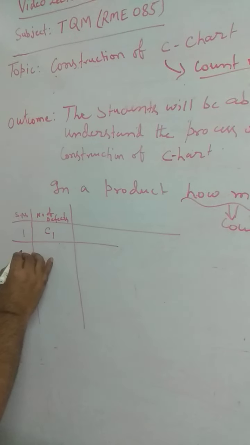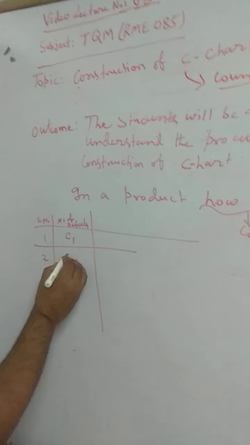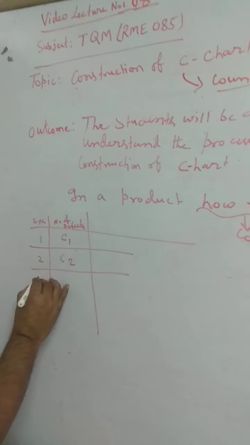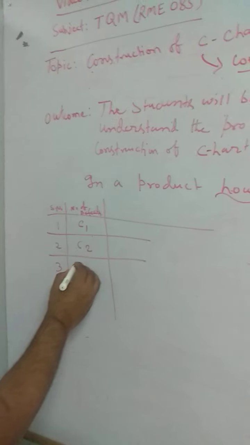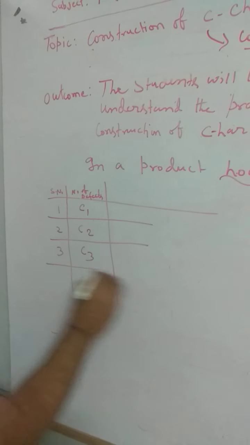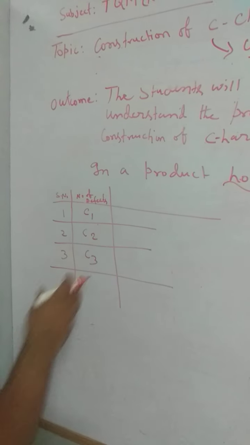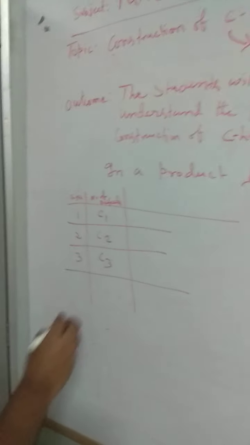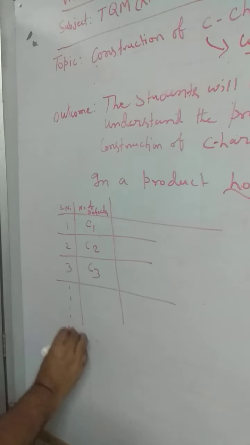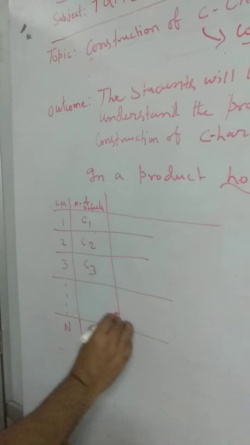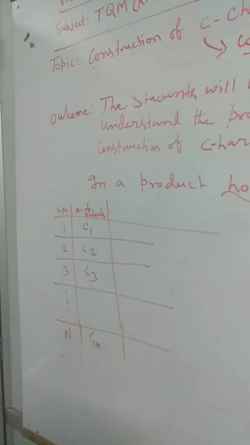For product number 2, which we have sampled, we have C2 defects, and similarly for sample 3, the third product, we have counted and found C3 defects. It has C3 number of defects. Similarly, for the nth product, the number of defects is Cn.